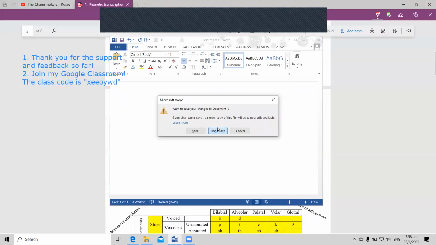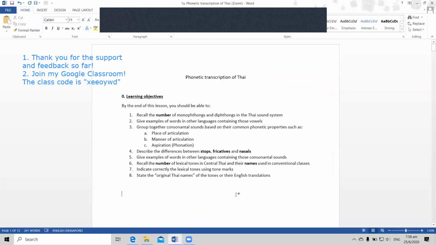If you have been to Bangkok, you probably have been to this place called Hua Lamphong. The way we transcribe Hua Lamphong is like that.